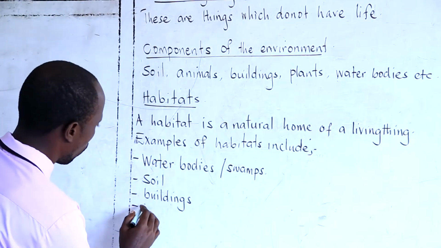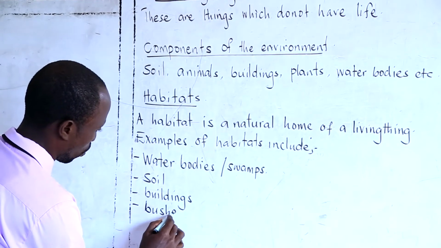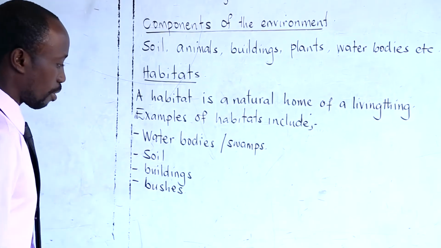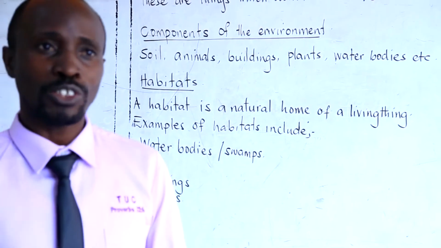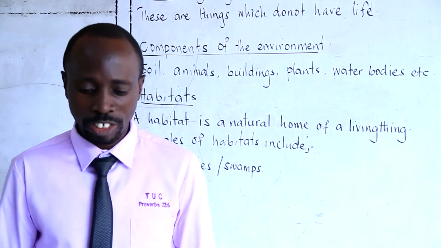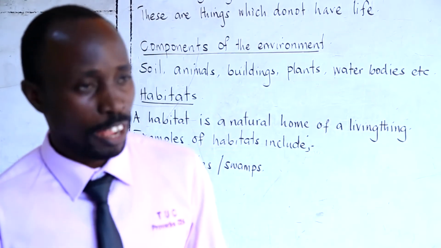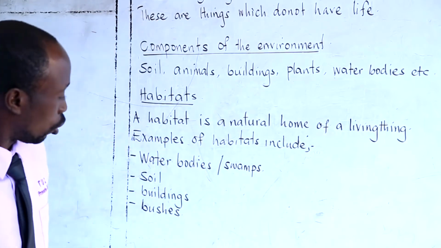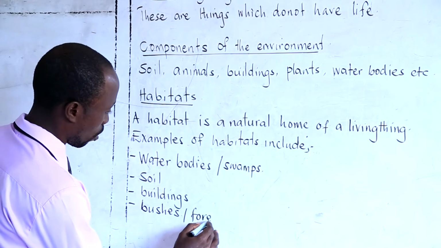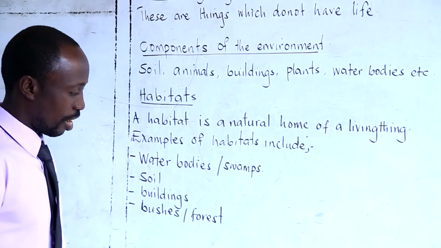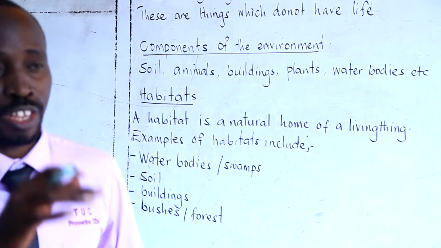We have the bush. Some animals would love to stay in bushes because they are wild animals. They are not tame. They always stay in the bush. If not bush, you can talk of forest. Animals like monkeys, you know monkeys like jumping from tree to tree.